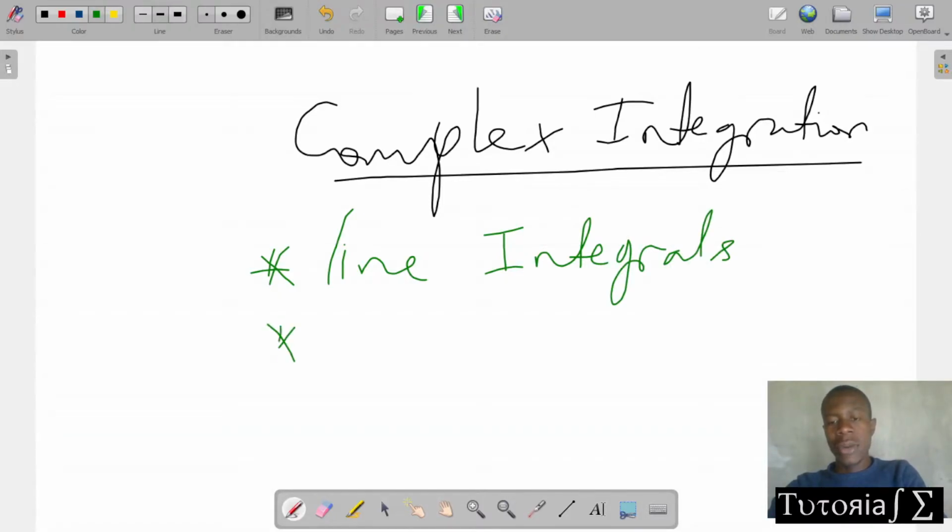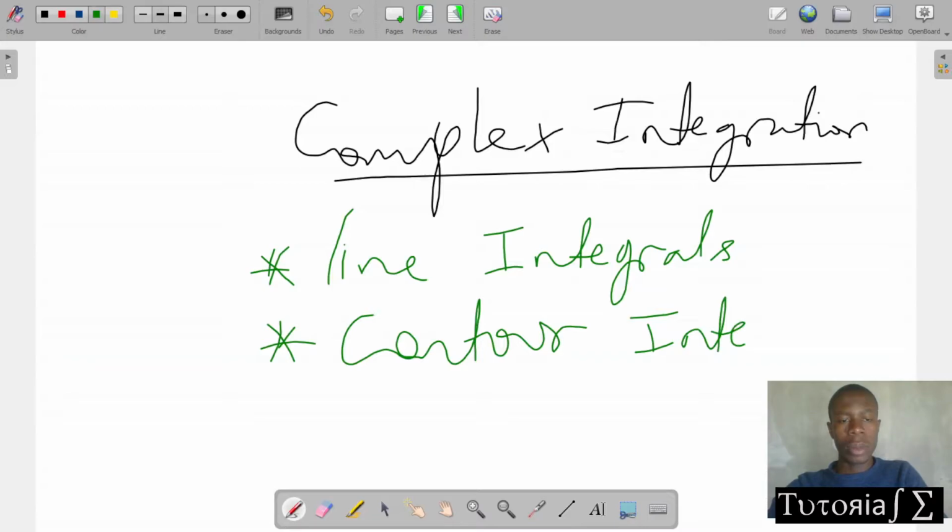Then secondly, we're going to do contour integration. All right, so these are the things that we're going to do, and shout out to the students I tutor. I want you to pay attention to this because it will be very helpful.